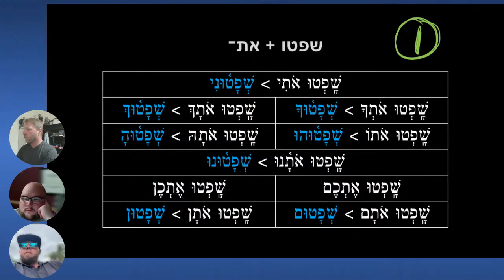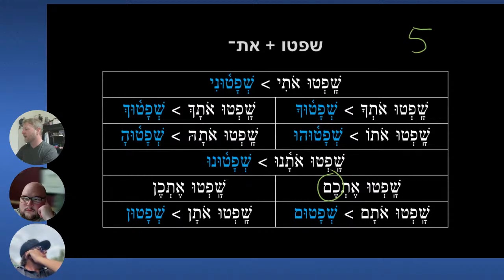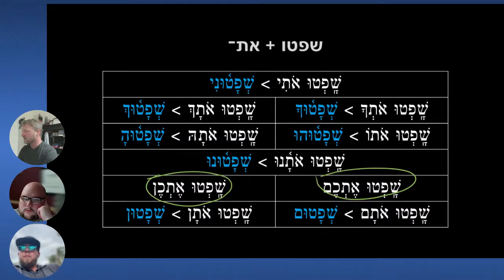Only that one time does it appear. In the future, the imperfect, which we're going to cover next week, the chem ending is added 5 times in the whole Bible. So if we've got 5 times in the future and once in the past, I don't think it's important enough for us to deal with, so we can ignore them.